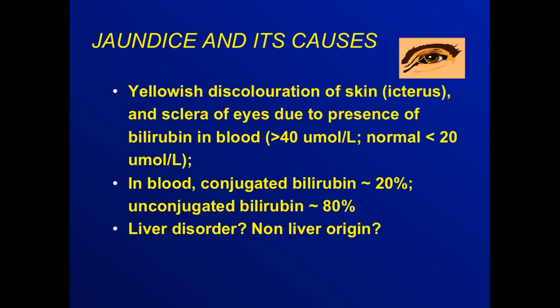So red blood cells are catabolized a lot. As a result, what will be high? It will be bilirubin. So that high bilirubin has nothing to do with liver disorder. It is mainly due to the red blood cell disorder, which is called hemoglobinopathies. So you need to know, is it due to liver or non-liver origin?